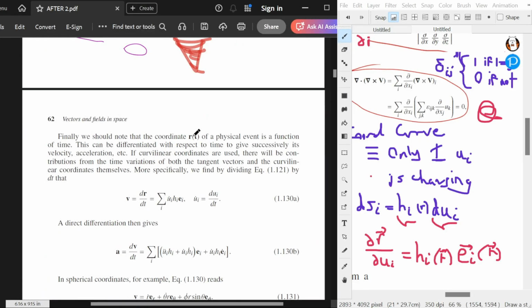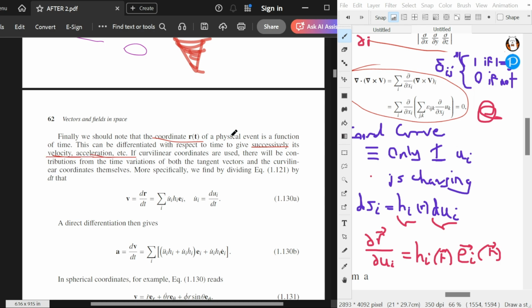Finally, we should note that the coordinate r(t) of a physical event is a function of time. This can be differentiated with respect to time to give successively its velocity, acceleration. Yeah, I agree.